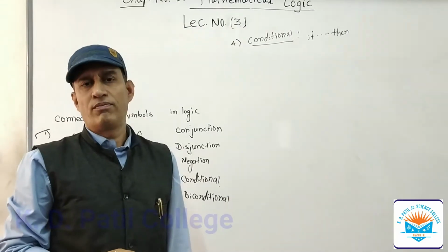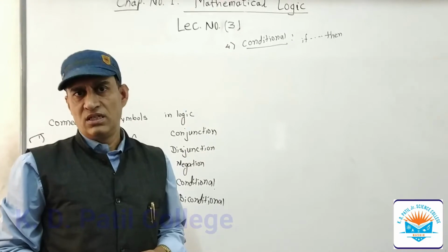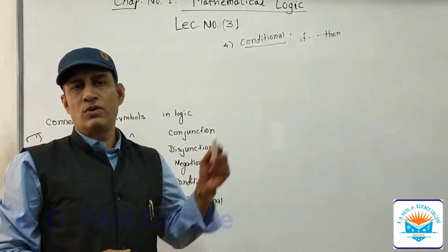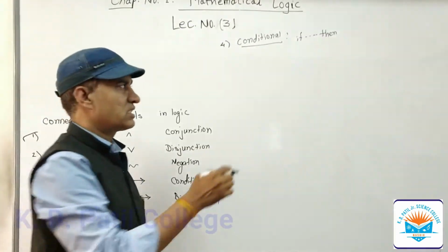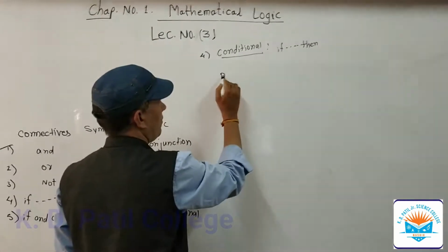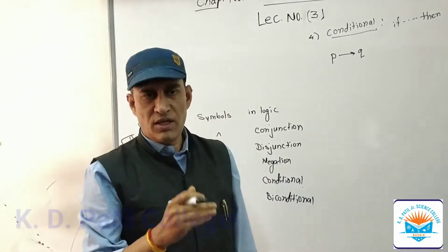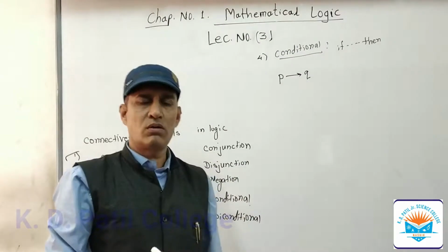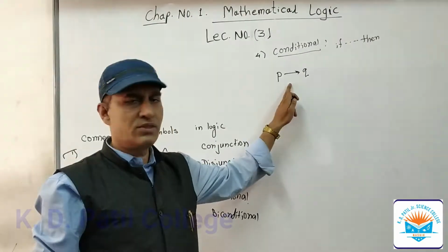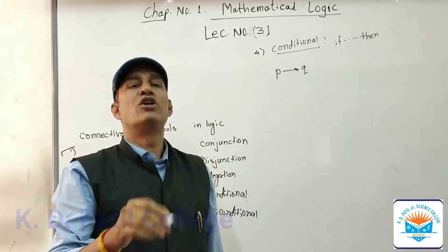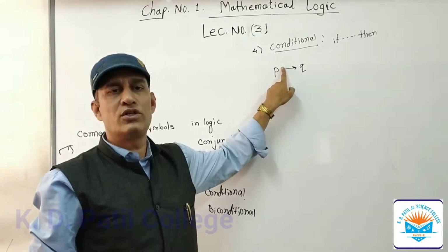In symbolic form, if P and Q are two atomic statements connected with the connective if then, we write it as P conditional Q, and we read it as if P then Q. This symbol is denoted by conditional, P conditional Q.